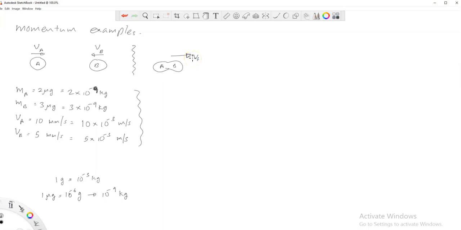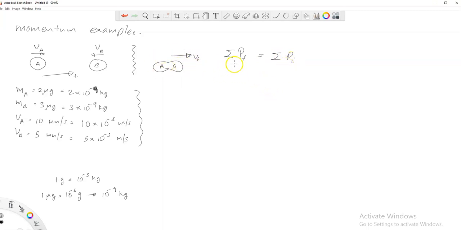Now you guys know we have to define a positive direction in momentum. So we're going to take this as the positive direction. Okay, so let's try momentum conservation. It says the total momentum, we can put a sigma in front to indicate the total momentum of the final system, is equal to the total momentum of the initial system.